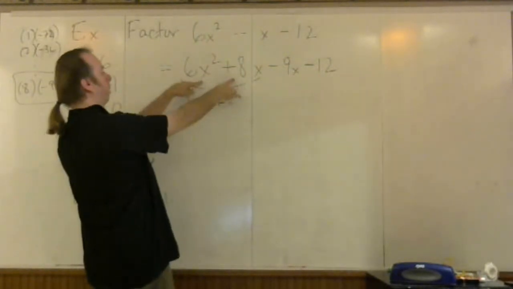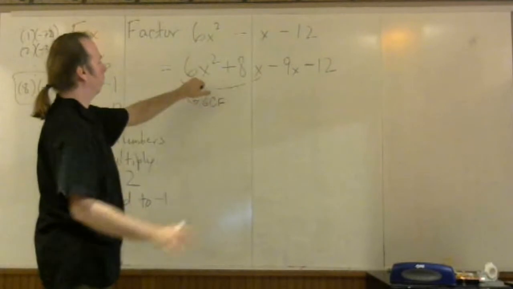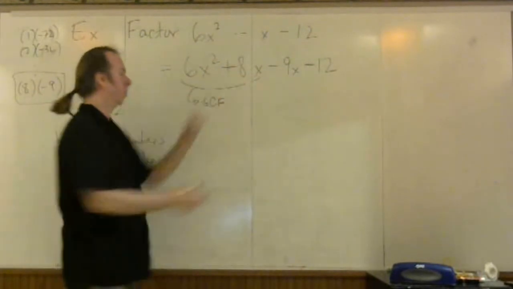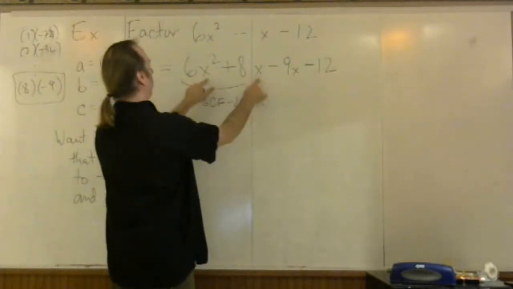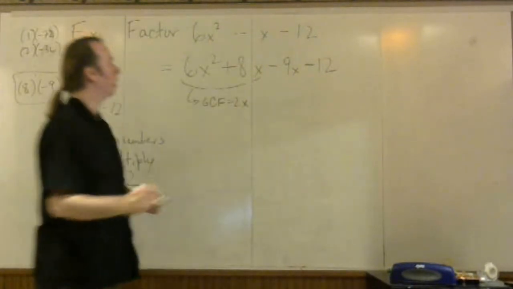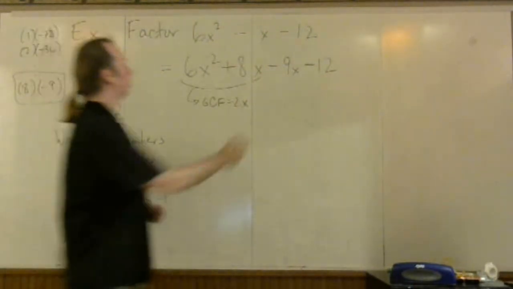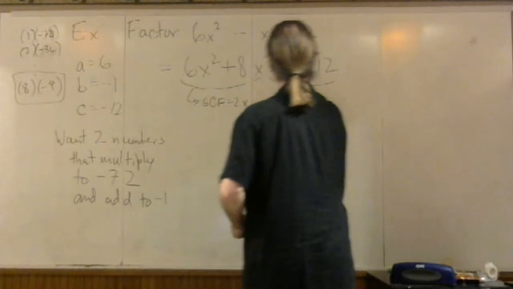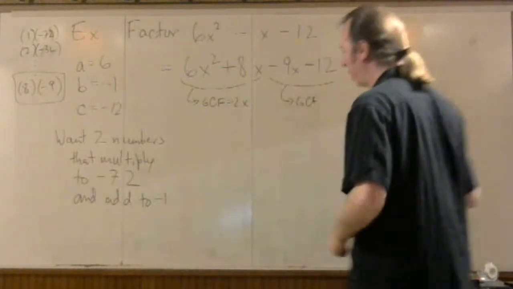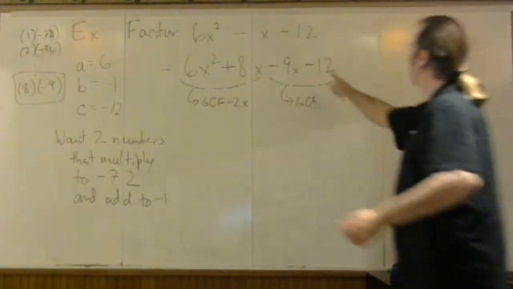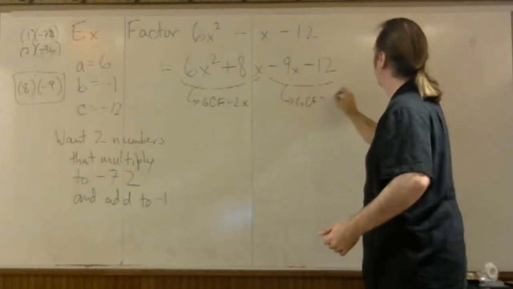The greatest common factor from the first two, I can factor a 2 out of the number, and I can factor out an x from each of those. From the second two, it looks like a 3 divides the number.